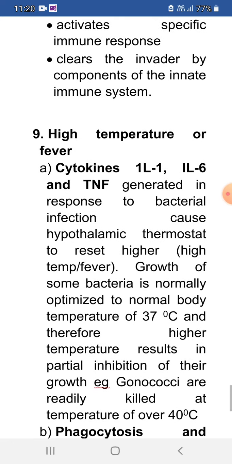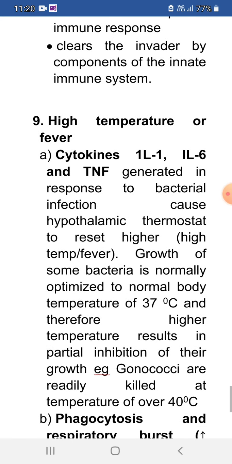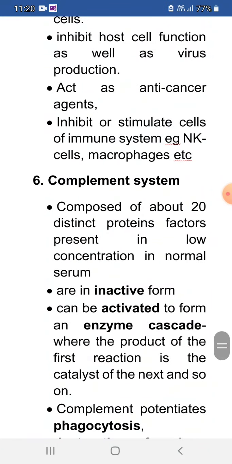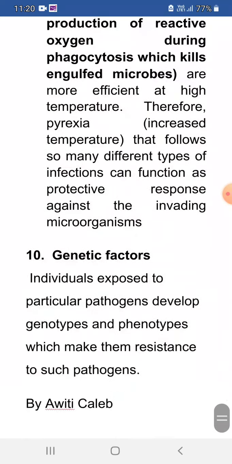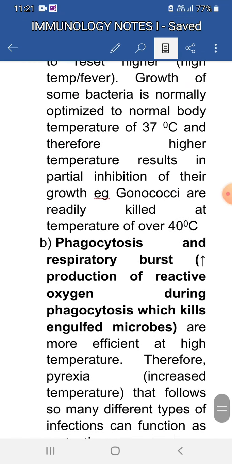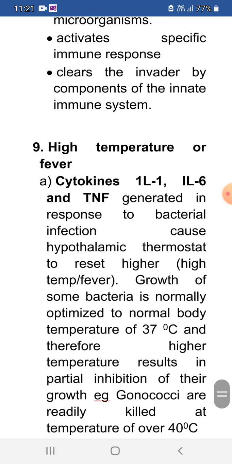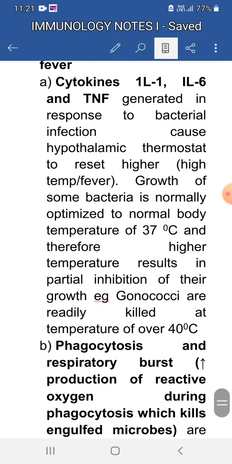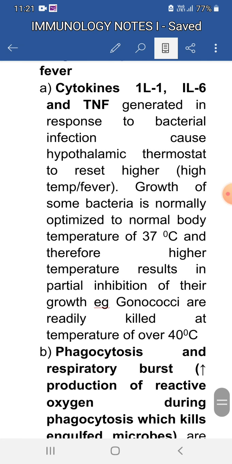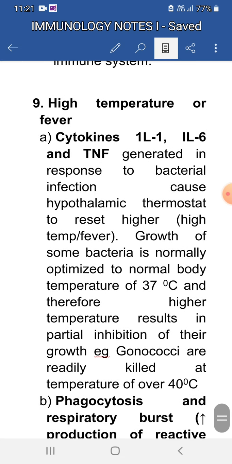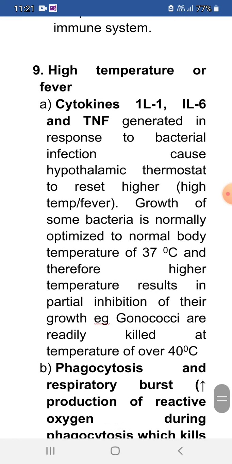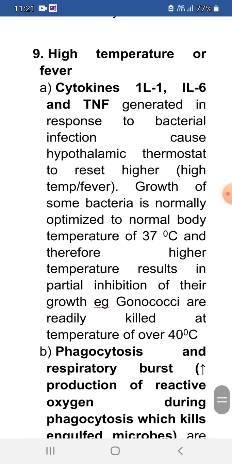Then high temperature. Inflammation brings high temperature, but also just some infection will bring high temperature in the body. Our normal body temperature is 37 degrees centigrade.